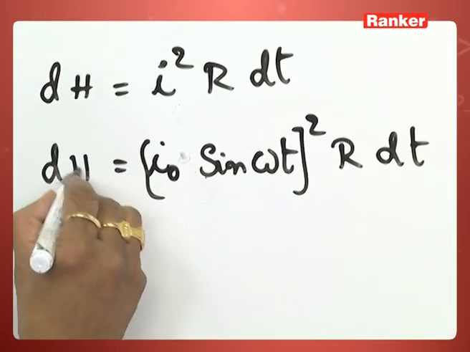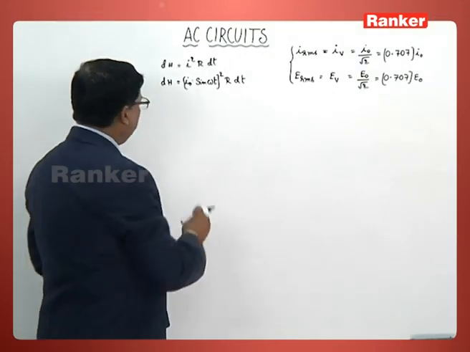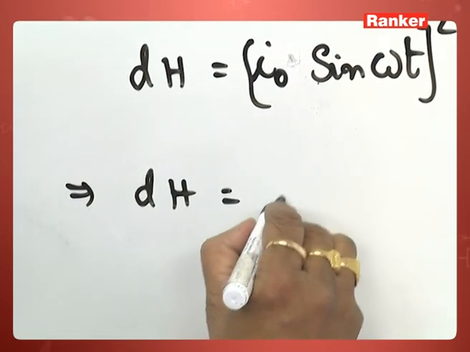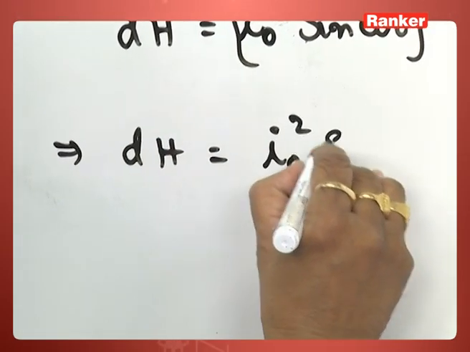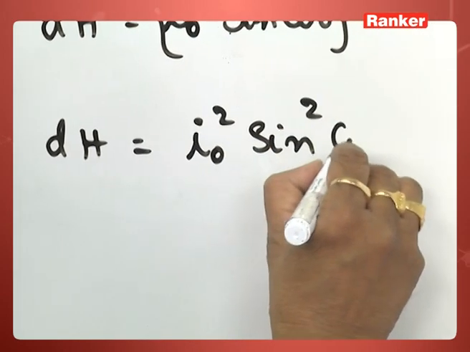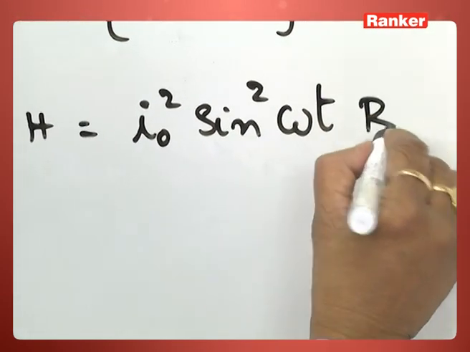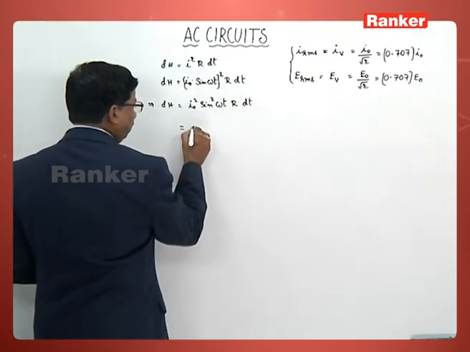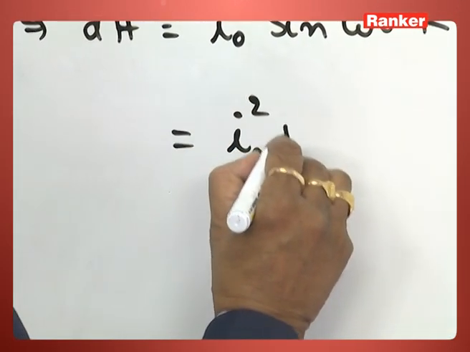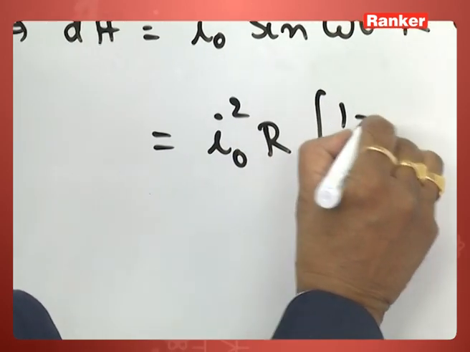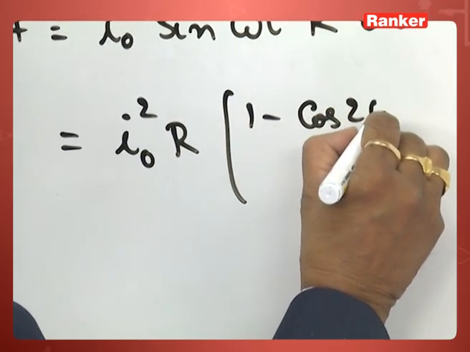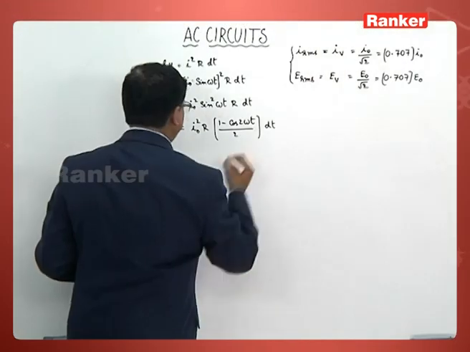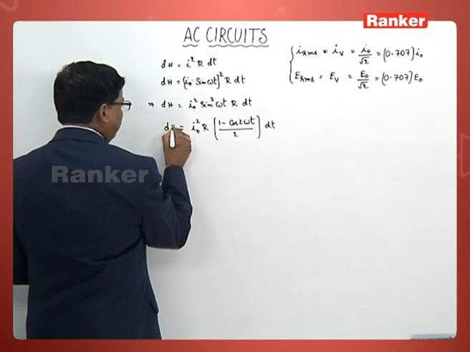We can rewrite the same as dH is equal to I naught square sin square omega t into R into dt. You can even write it as I naught square R into (1 minus cos 2 omega t) by 2 into dt. Now dH can be written this way.